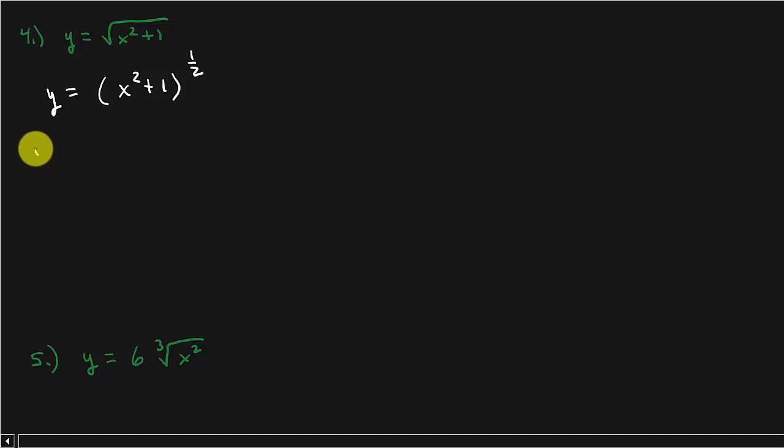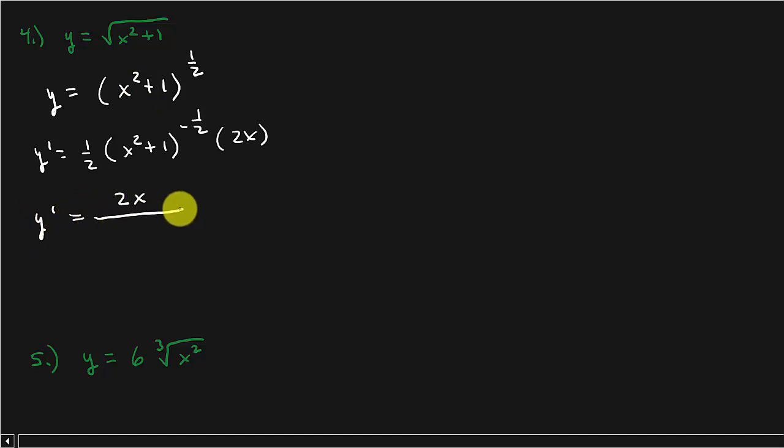And so that's going to be y prime. The exponent comes down. Subtract 1 from the exponent, times the derivative of what's inside the parentheses. So the derivative of x squared plus 1 is just 2x. And so now we get y prime is equal to 2x over 2 times (x squared plus 1) to the positive 1/2.